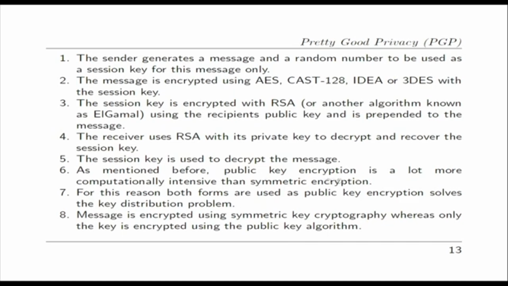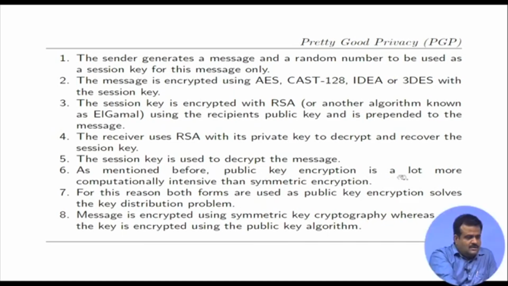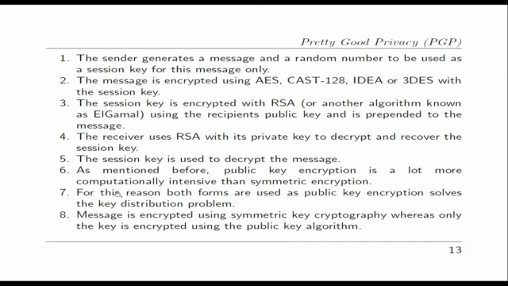As mentioned before, public key encryption is a lot more computationally intensive than symmetric key encryption. Public key encryption is more costly because, if we use RSA, it involves m to the power e, or if it is ElGamal, it involves discrete exponentiation to some index.